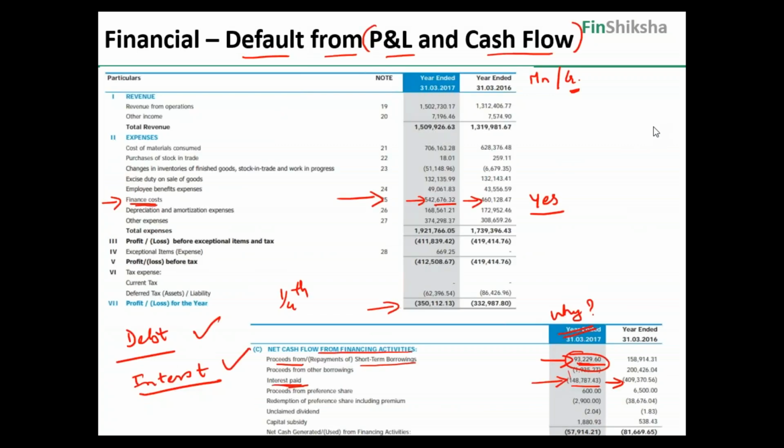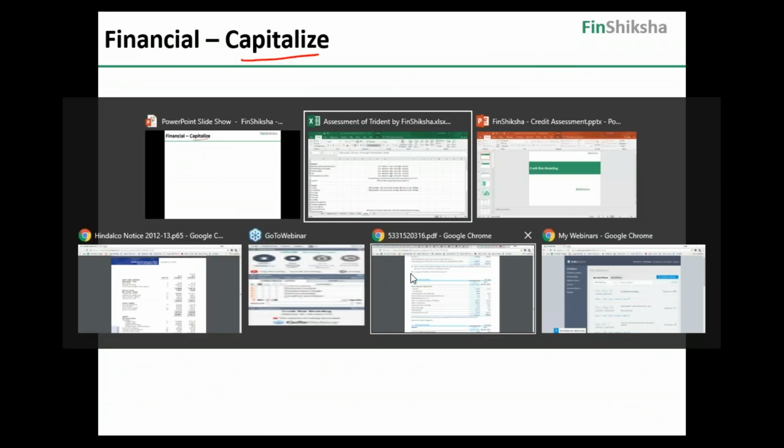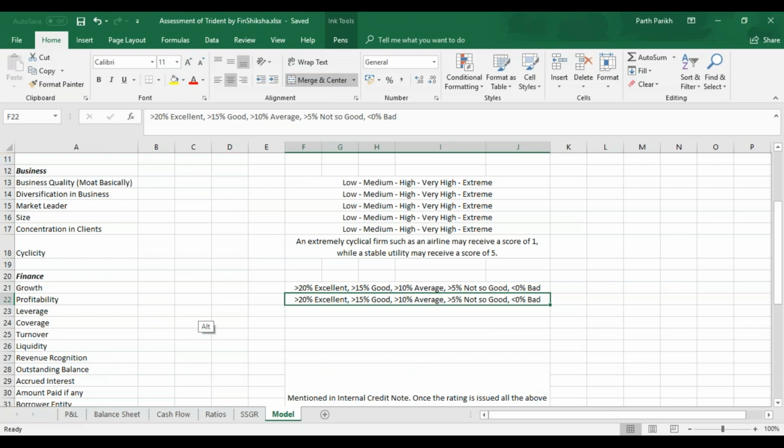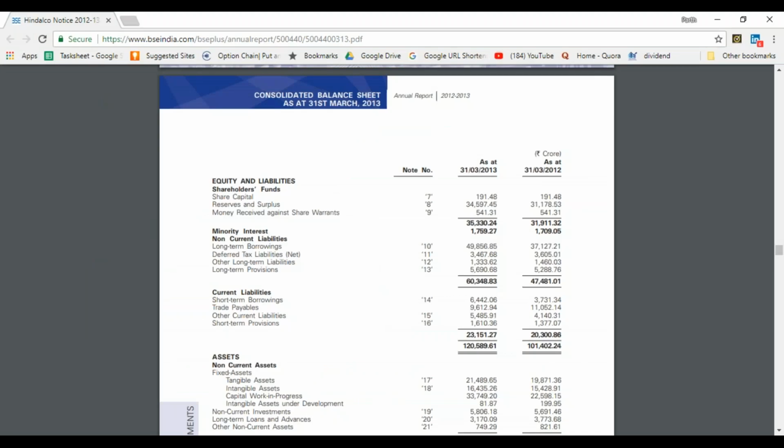Capitalization of interest. This is a very interesting example. Now, coming to the capitalization, let's understand a few things. Why I say that taking interest from the profit and loss statement is not advisable. So let's understand this.